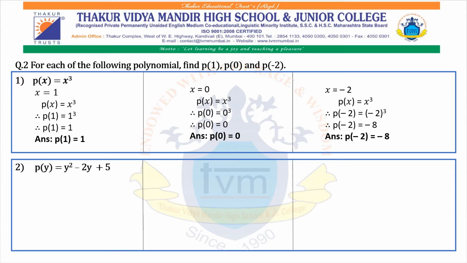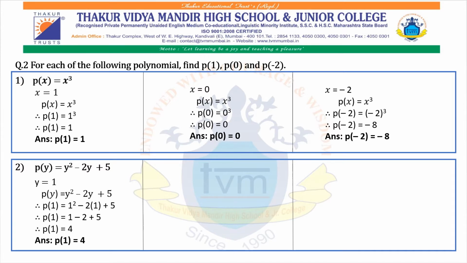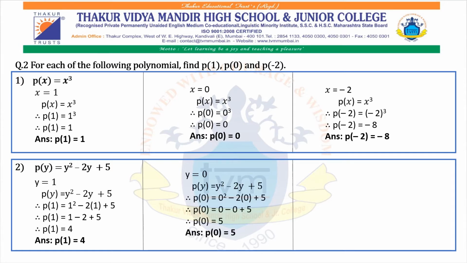Question 2: p of y is equal to y square minus 2y plus 5. For y equals 1, we substitute 1. P of 1 is equal to 1 square minus 2 into 1 plus 5, which is 1 minus 2 plus 5, that is 4. Now we substitute y equals 0.